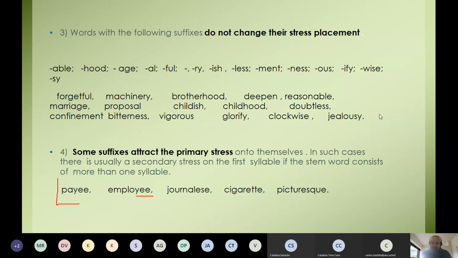Okay, so rules can help, but what helps the most, I would say, is that the more you expose yourself to the language, the more you read and the more you listen to the English language, the more you're going to be knowledgeable about how these rules may apply without even consciously thinking about the rules.